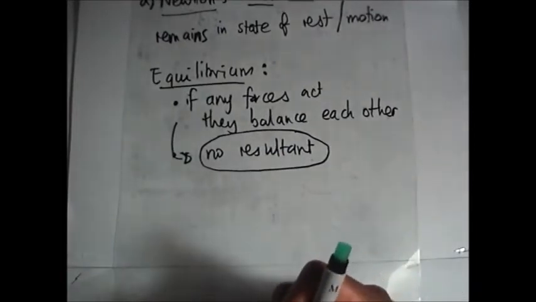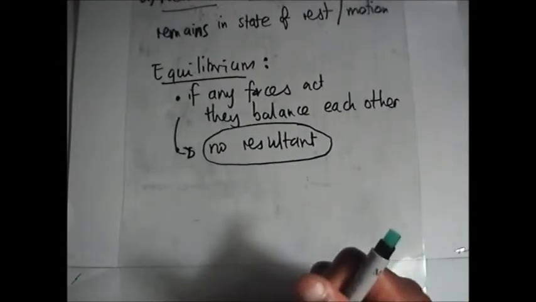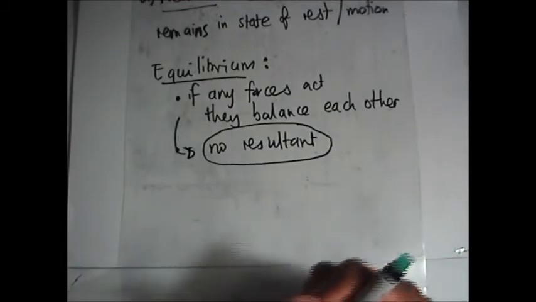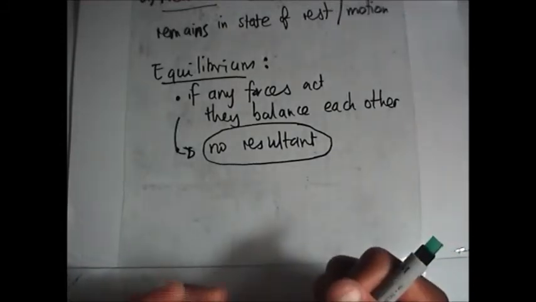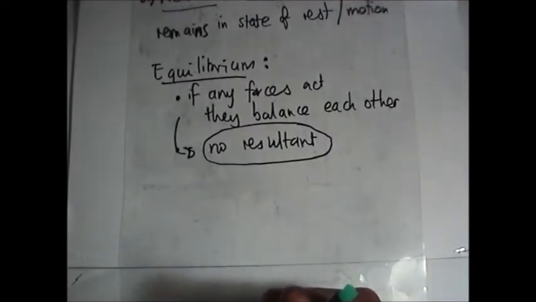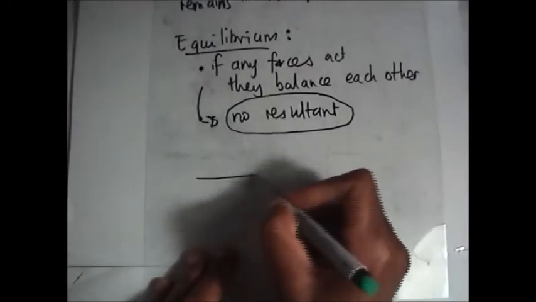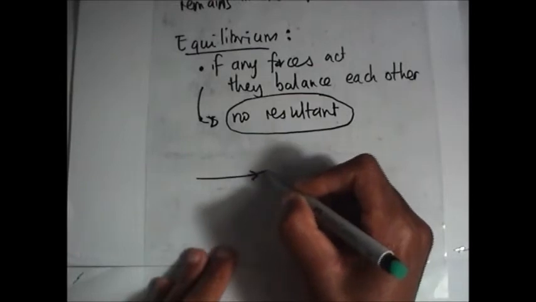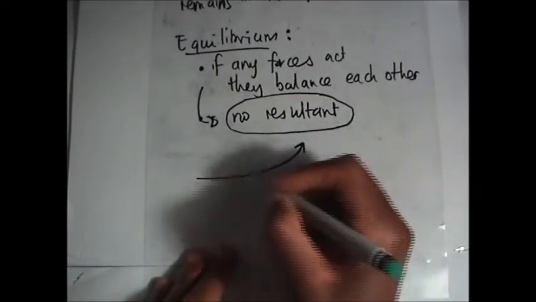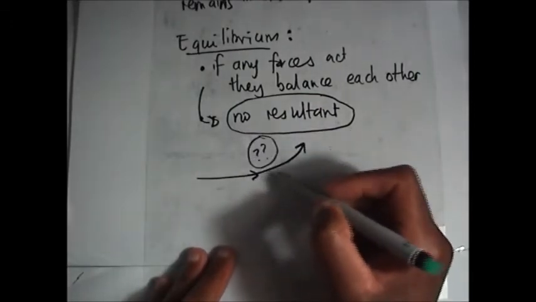If direction is changing, then there must be a resultant force. Direction cannot change because of the state of motion. If the motion is to the right and this thing suddenly starts changing direction like this, what made it change direction? It means a force has been applied.